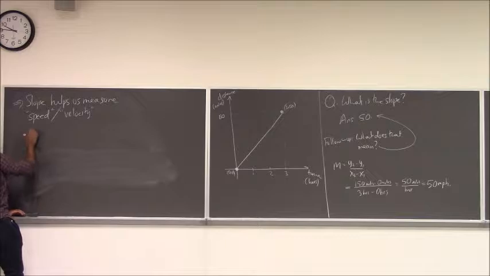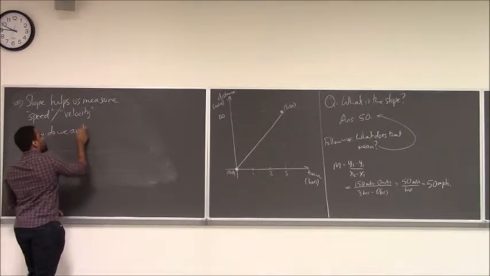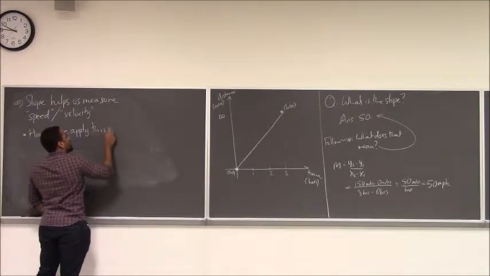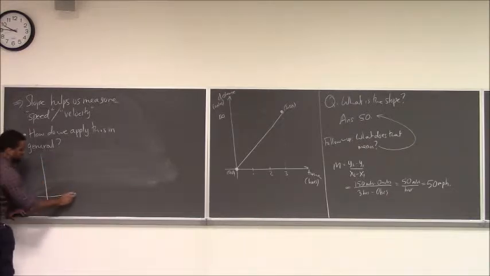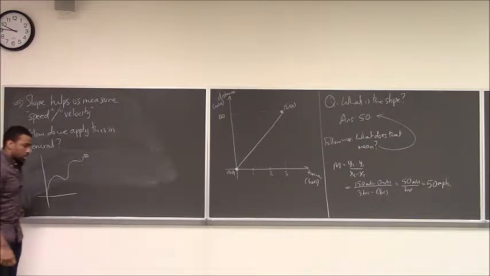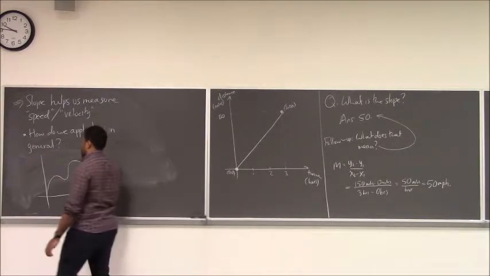And so the question is, how do we apply this in general? What if our function wasn't a straight line? What if it was doing whatever functions do? How do we map that?